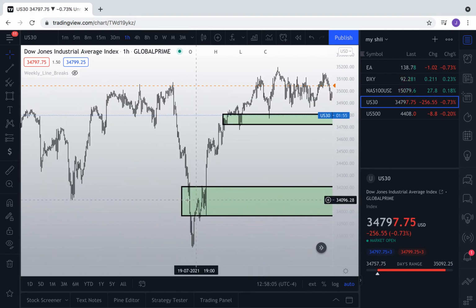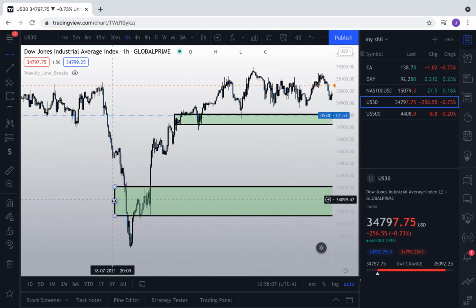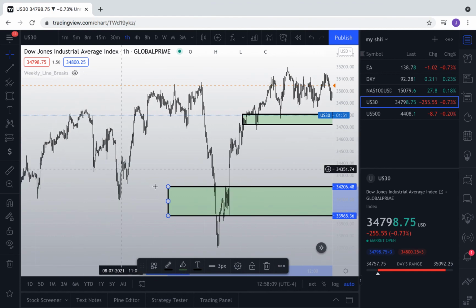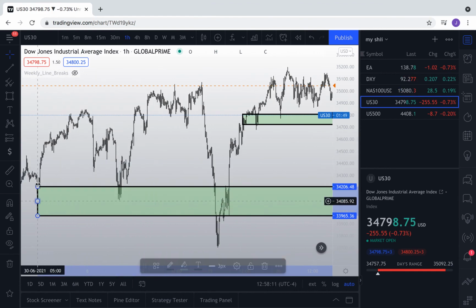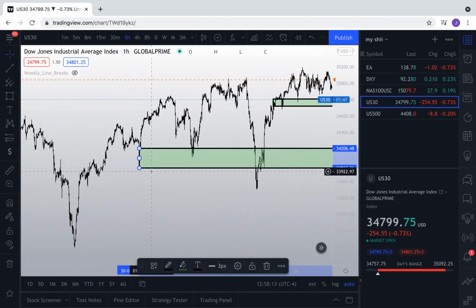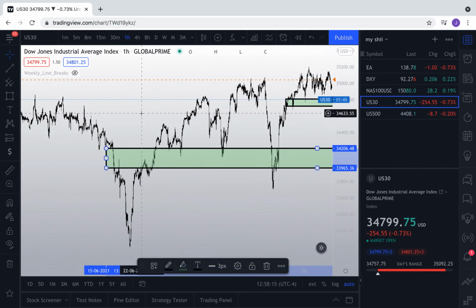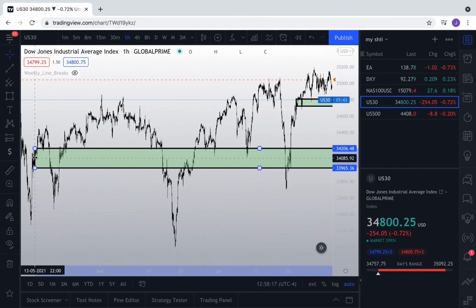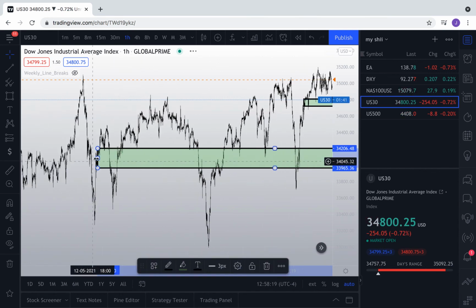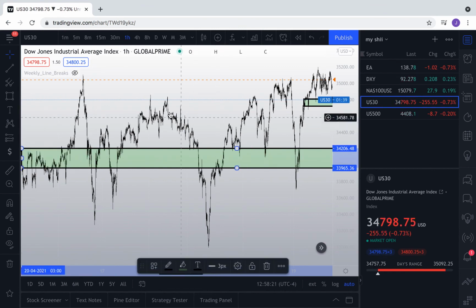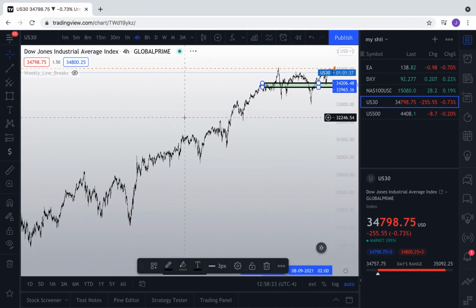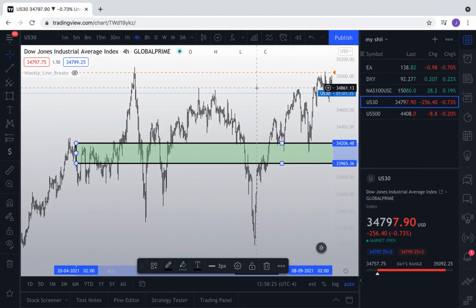Same thing with this. If I extend this OB back, I'm almost positive that it's going to have many rejections off of this area. Look at that. The market can't stay away from it. And that is essentially what technicals is at the end of the day.